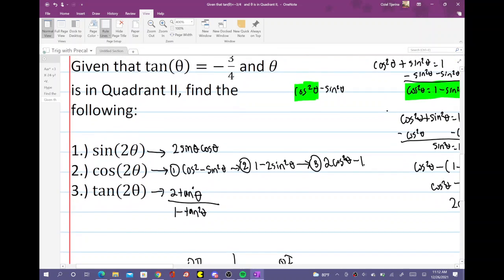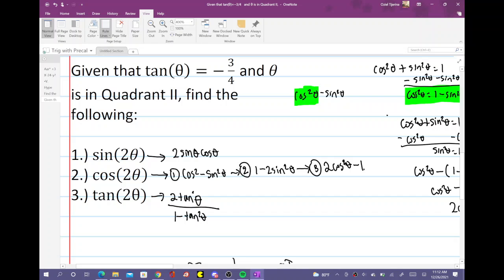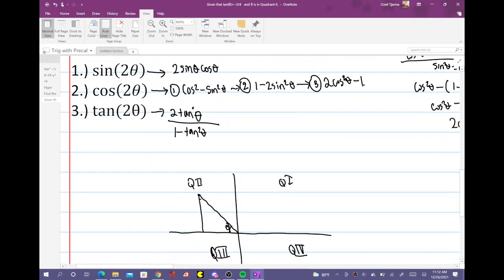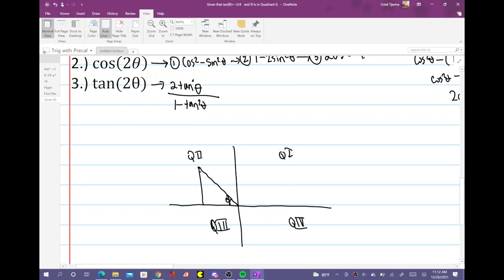It's saying that theta is in quadrant 2, and that tan theta is opposite over adjacent. Actually, let me do it this way.